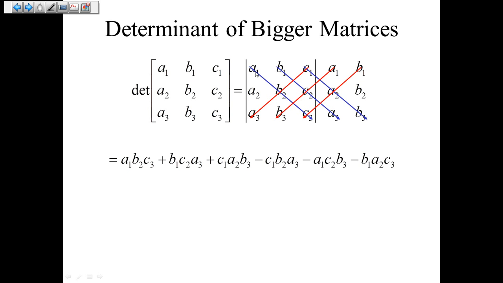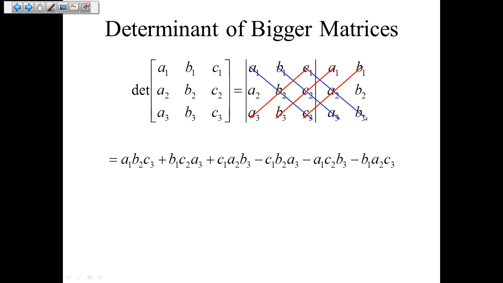Now what I'm going to do is multiply diagonally, going from upper left to lower right, and I multiply 3 times with 3 different diagonals, and then I subtract 3 more diagonals, in this case these red ones. So we see A1 times B2 times C3 right here, plus B1 times C2 times A3, plus C1 times A2 times B3.